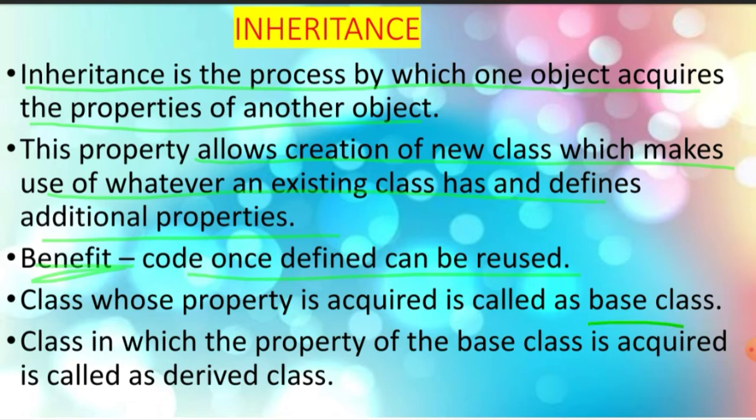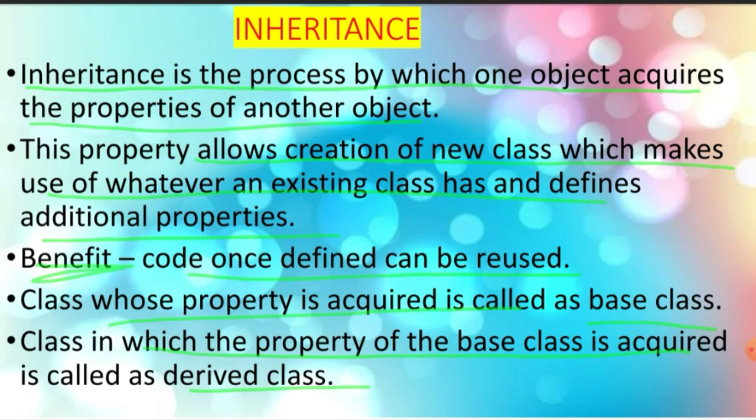This can be asked: what is base class and derived class? Base class is the class whose property is acquired, and derived class is the class in which the property of base class is acquired. This is important. Base class is also known as superclass, main class, parent class, and derived class is also known as extended class, subclass, child class. Like this you can remember.